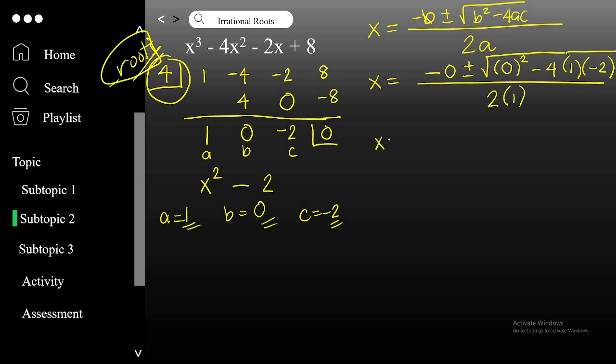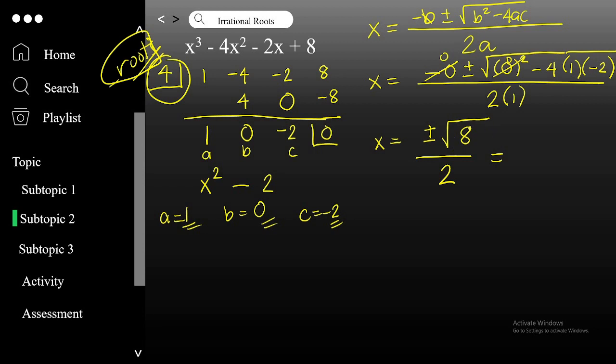So let's simplify this. This one is 0, this is 0, this one is also 0. What is left is -4 times 1 times -2. So this is now negative times negative. That's 8, because 4 times 1 times 2 is 8, and negative times negative is positive. All over 2. Now take note, the square root of 8 can still be simplified.